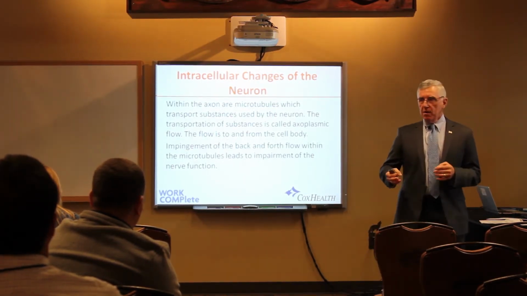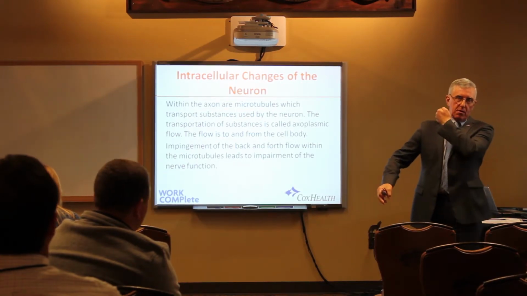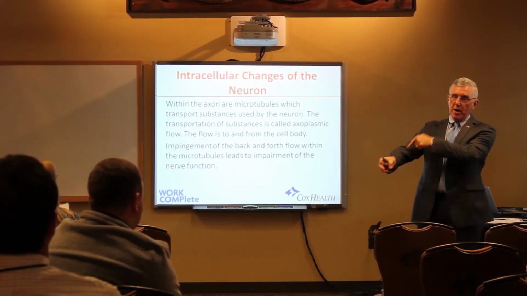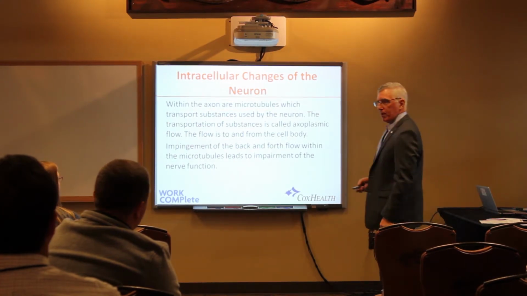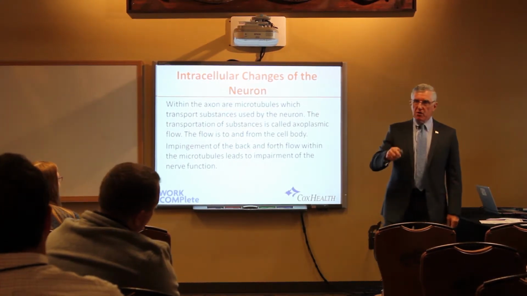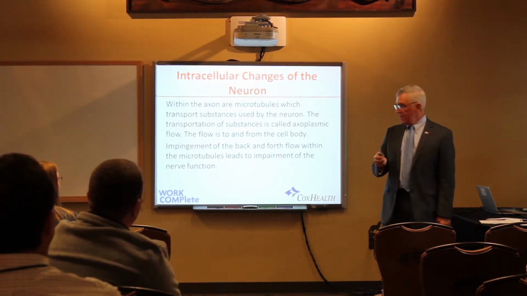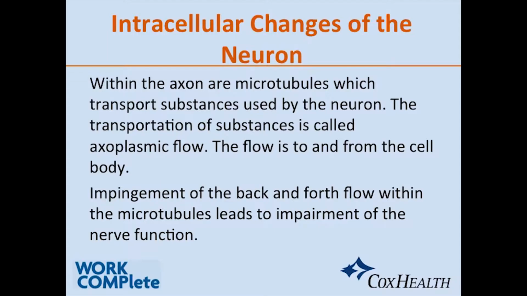The microtubules can transmit substances antegrade or retrograde. This becomes important because if you're putting pressure on the nerve, that transmission does not occur very easily. So if you impinge the nerve at the axon level, this back and forth flow is impaired. It impairs the functioning of the nerve.